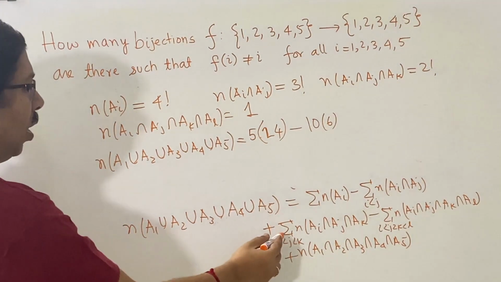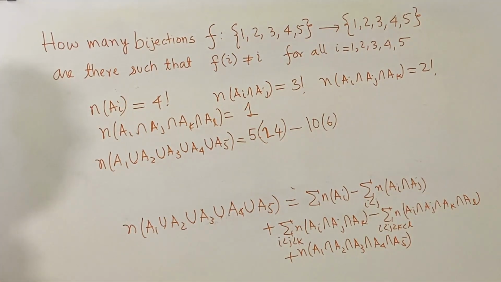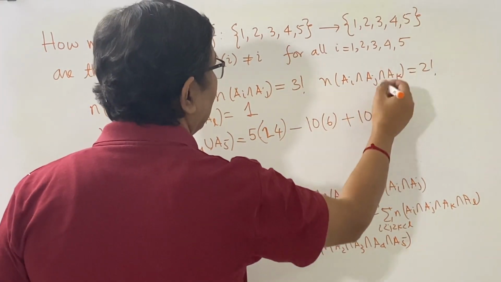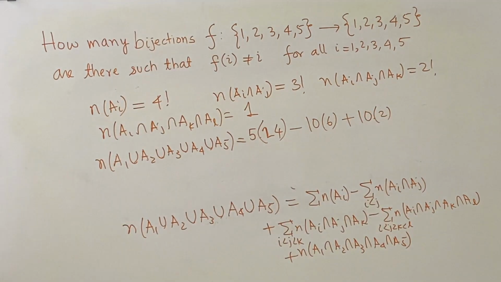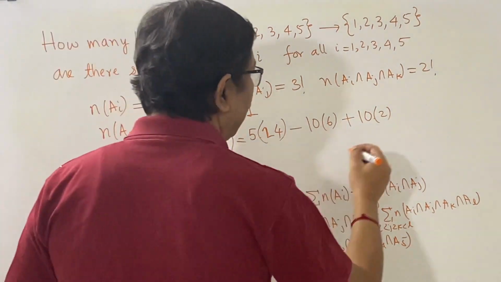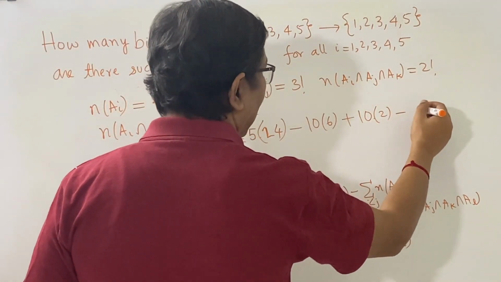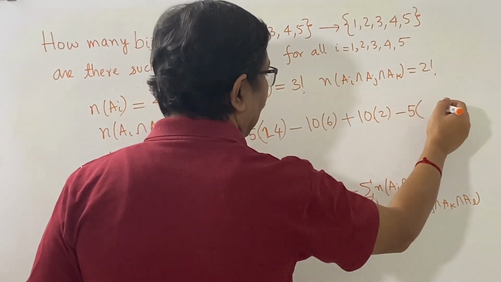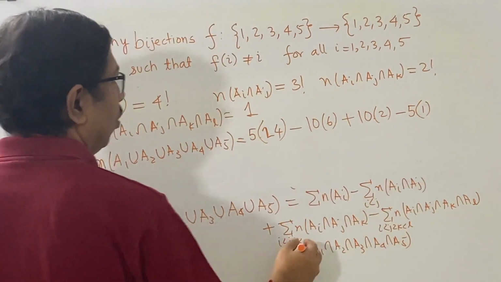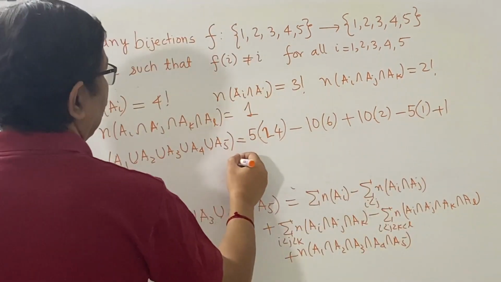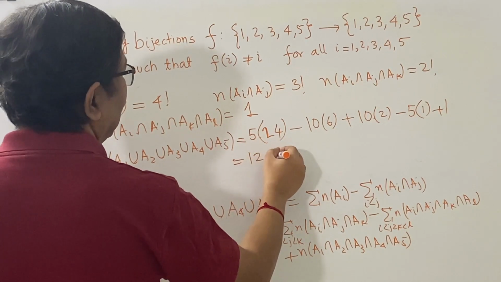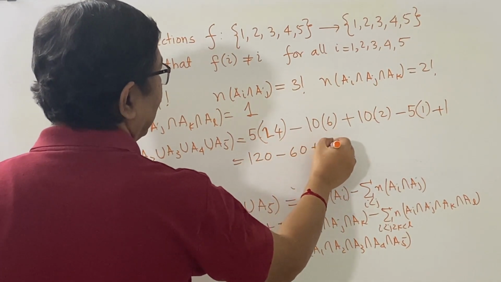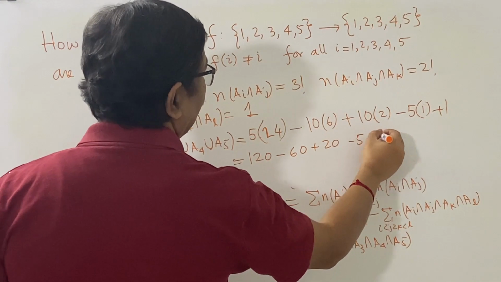For the third term, we have 5C3, which is the same as 5C2, so there are again 10 possibilities, and each of them is 2. And for Ai intersection Aj intersection Ak intersection Al, there are 5C4, which is 5 possibilities, so 5 into 1, and finally we have plus 1. So we get 120 minus 60 plus 20 minus 5 plus 1.